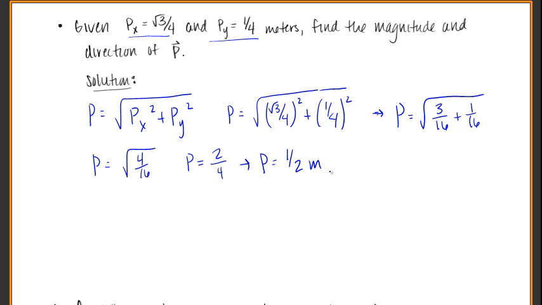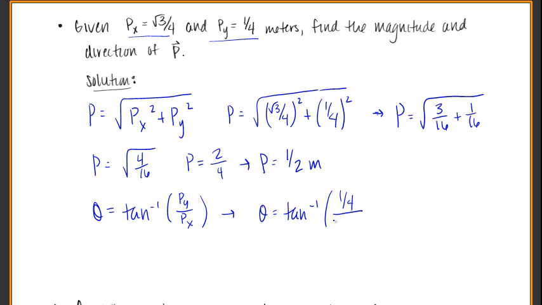Then we want to find the direction. The direction is theta, and theta is the tangent inverse of the y portion divided by the x portion. So theta is equal to tan inverse of the y portion, 1/4, divided by the square root of 3 over 4.